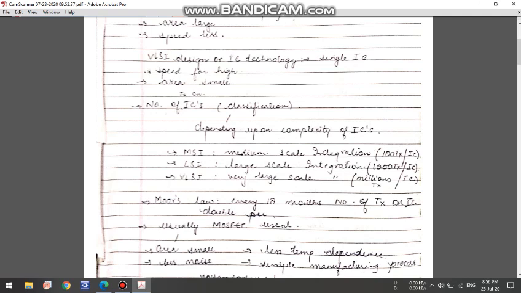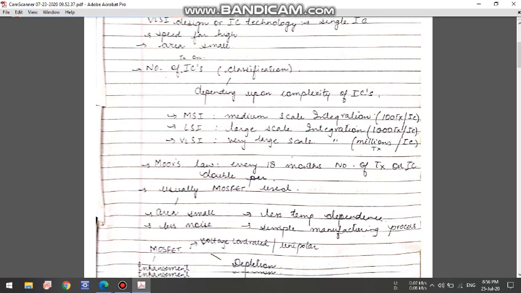If on the same chip I integrate 1000 transistors, then it will become large scale integration. And if I am able to integrate millions of transistors, then it will become very large. That means a larger number of electronic components like transistors on a particular chip. So VLSI is wherein we have millions of transistors on a single chip.